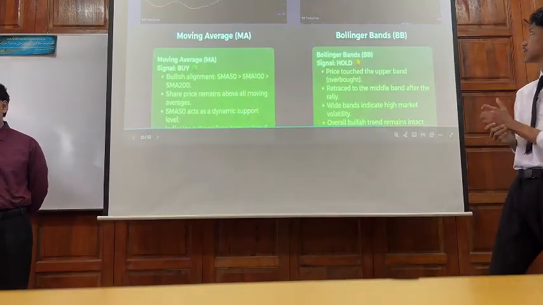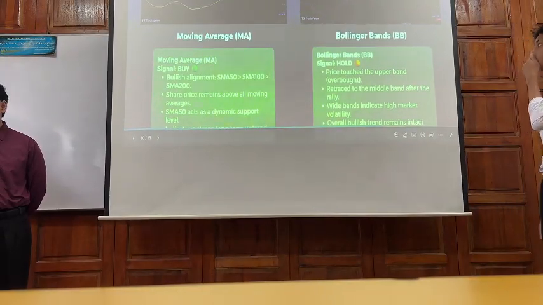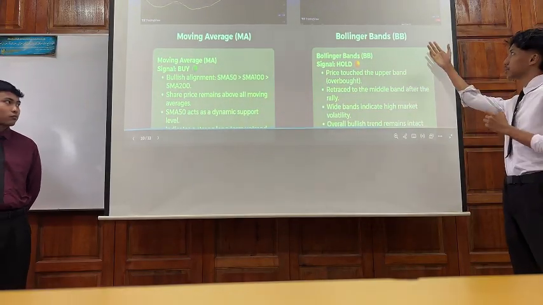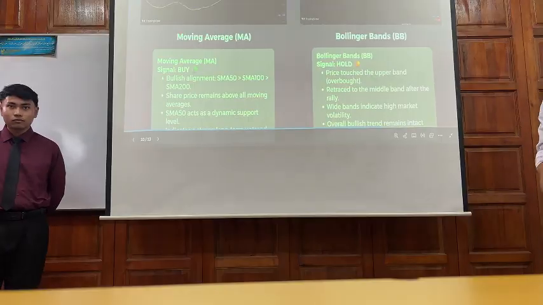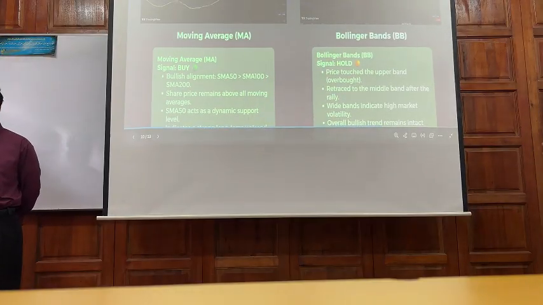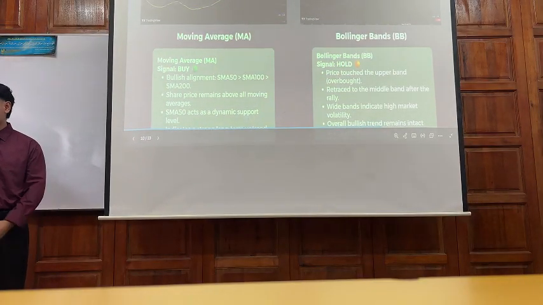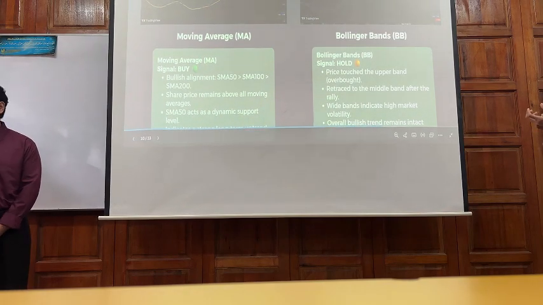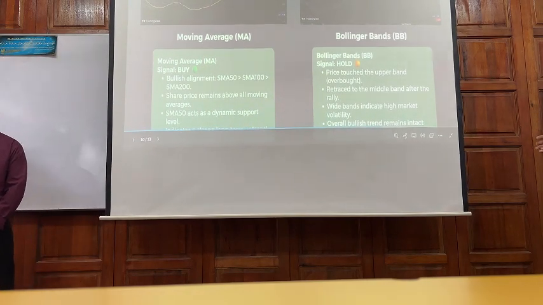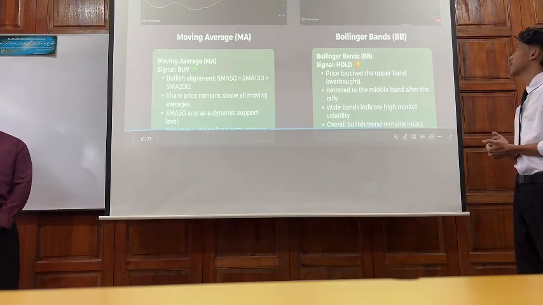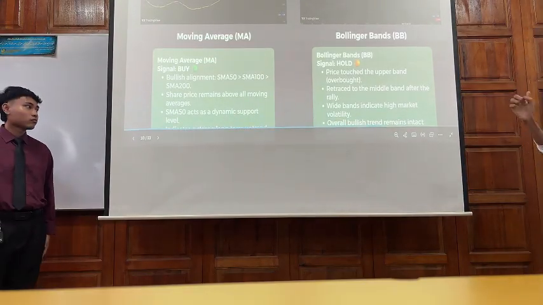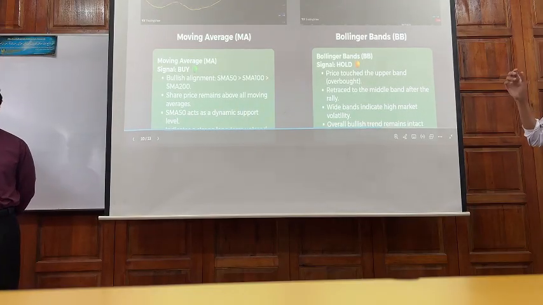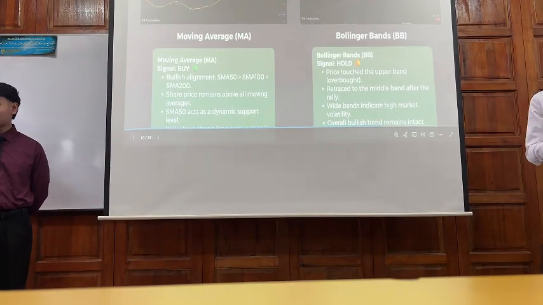The next one is the Bollinger Band. In this chart, the price has already touched the upper band, which causes an overbought condition. Right now, the price is consolidating and being retraced to the middle band after the rally.